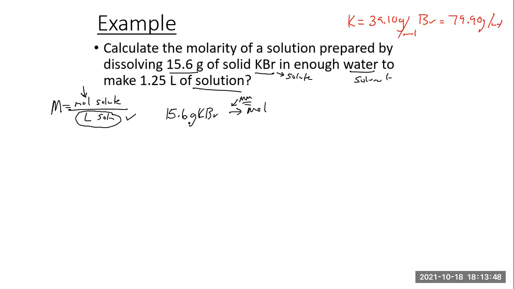Again, it is the molar mass that we use to do that. In this case, it's just KBr, which means we just need to add those together. So the molar mass of KBr would be 39.10 plus 79.90, which gets us 119 grams per mole.